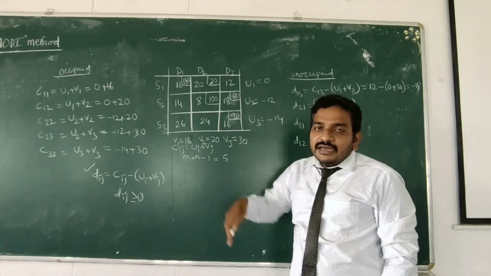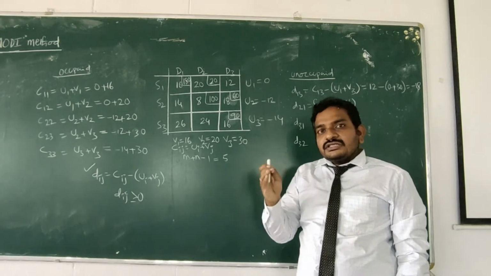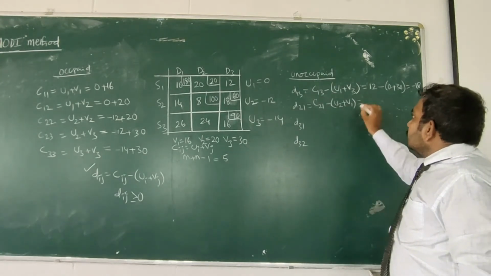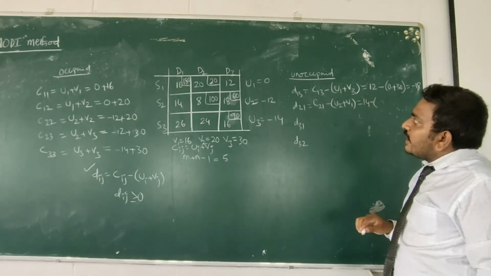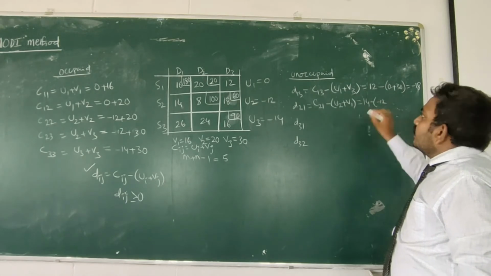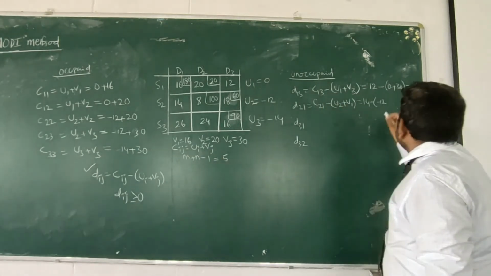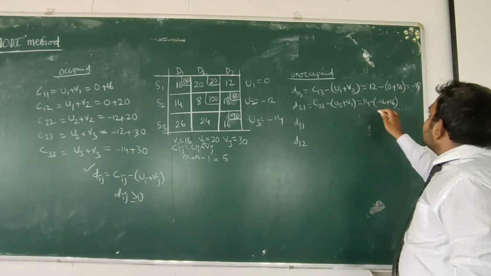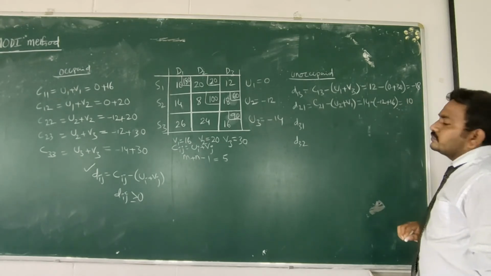You have to move horizontally and vertically to find the U, comma V values. The cost values are present over there. That equals the C21 value 14 minus U2 value minus 12 plus V1 value 16. 14 minus 4, that equals 10.